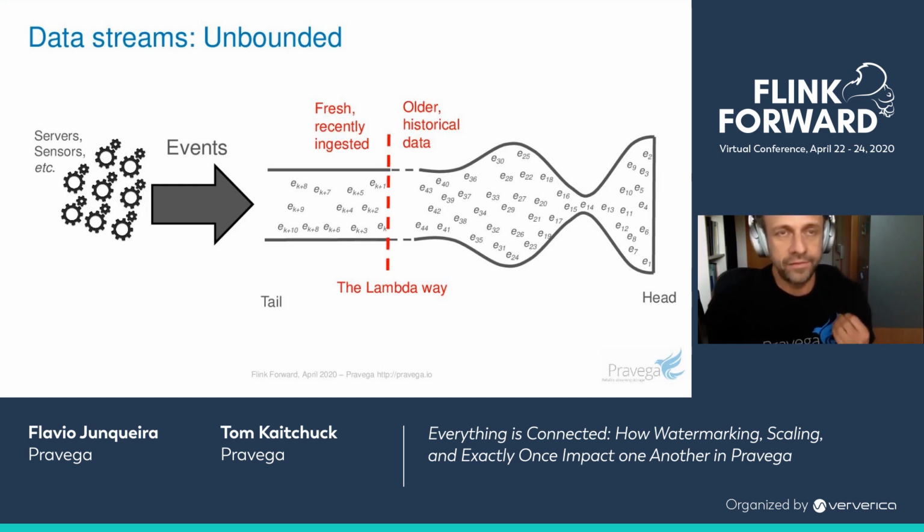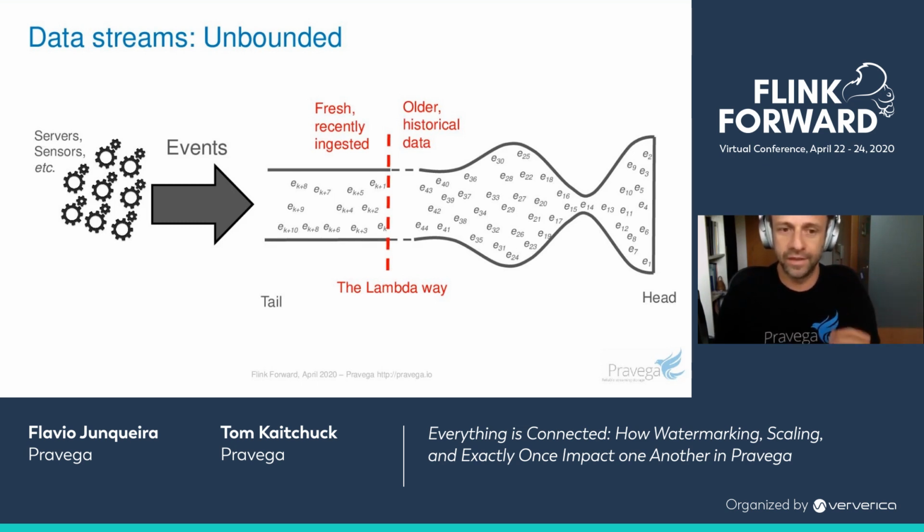Another one is that streams are unbounded. You can start a stream, start producing data, and that can keep going for a long time. It can keep going for weeks, months, maybe even years. And traditionally, systems have split that data between older historical data that is perhaps stored in one system and the fresh data stored in a messaging system.